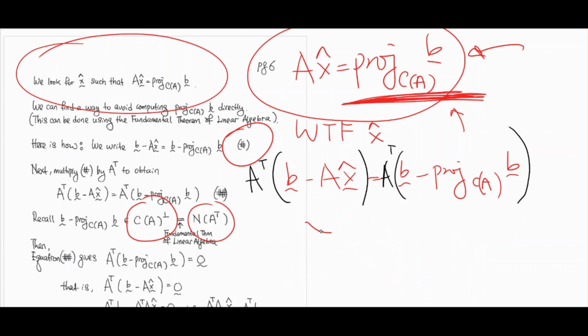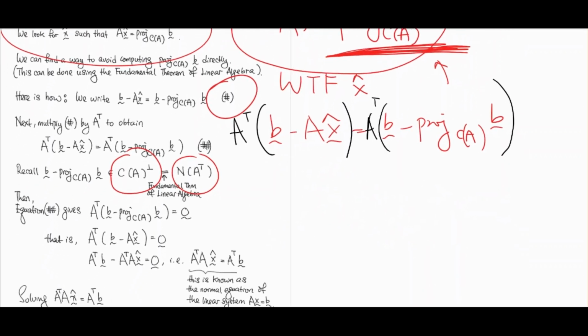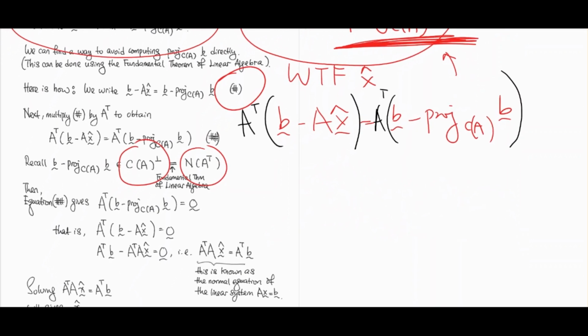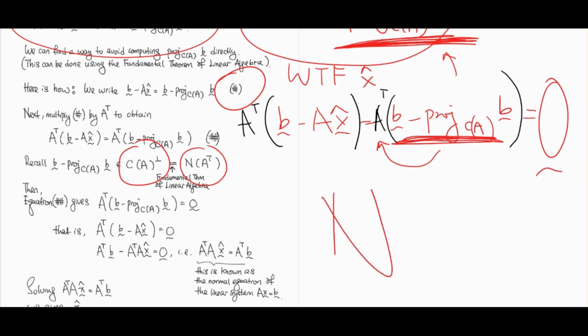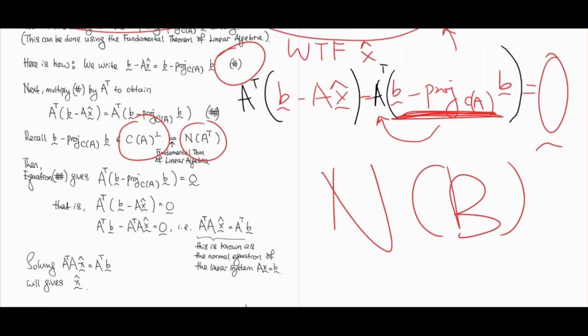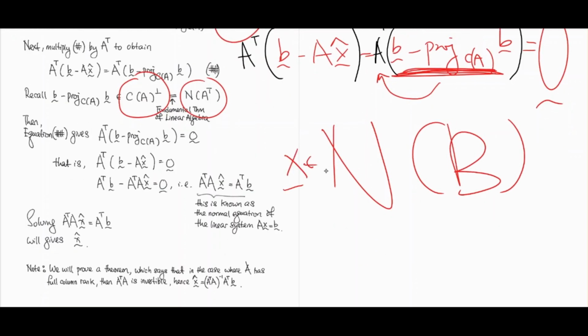What does that imply? That implies that this quantity, b minus the projection of b onto the column space of A, is a member of the null space of A transpose. So if you multiply this vector by A transpose, this gives us a zero vector. That's what it means to be in the null space of a matrix: if you are in the null space of this matrix, then Ax equals 0.